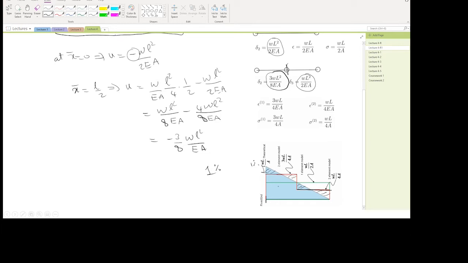Now, there is a branch in mathematics, and the mathematicians who study the finite element method developed a completely new branch, and some people are spending their life working on that branch. This is called the error estimator, and they have 2 types of error estimate, the a priori error estimate and the a posteriori error estimates. And they have some types of error estimates that can tell you the error before you solve the problem.